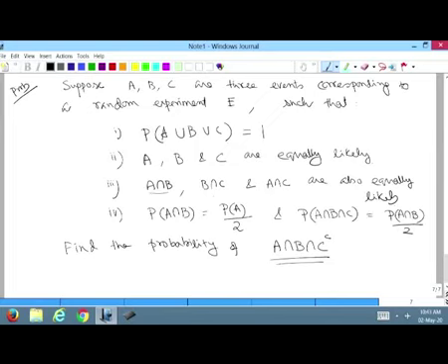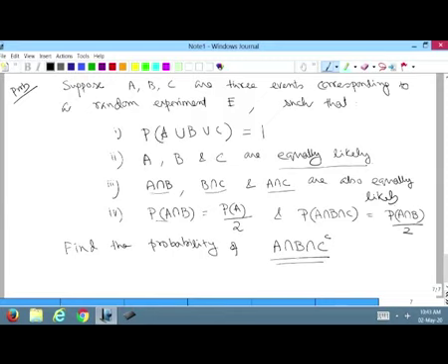That is, A intersection B, B intersection C and A intersection C can have positive probability. And what do you mean by equally likely? It means that all the 3 events have the same probability.